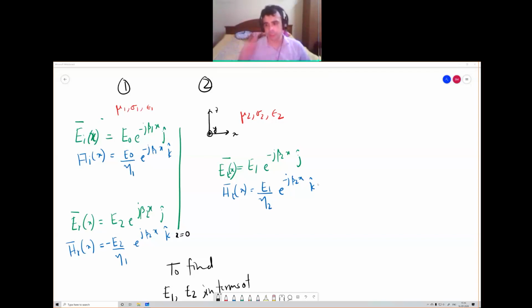And we have seen that the tangential component of E in material 1 and in material 2 along the intersection surface is continuous. As a result, we take it in terms of where we are seeing it. That is why it is EI plus ER equal to ET. Is it okay?